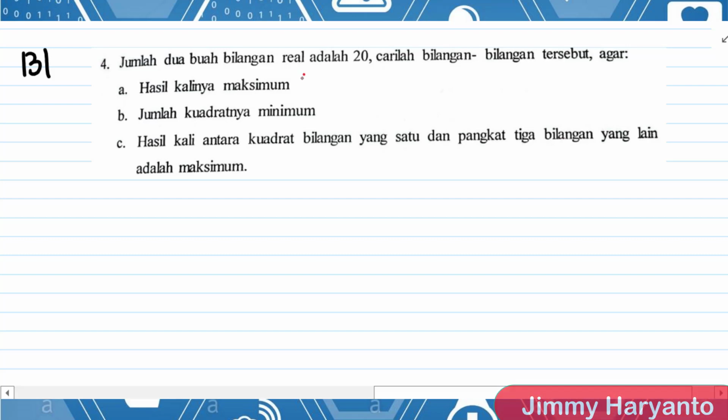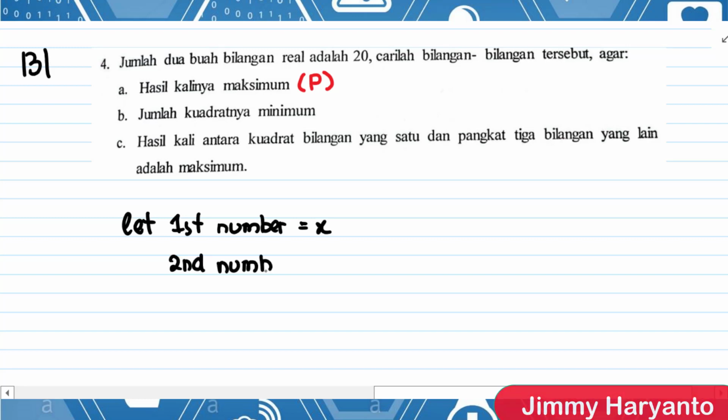For the hasil kali, I will use p for the variable, and then I can let the first number be x, and that means the second number will be y.